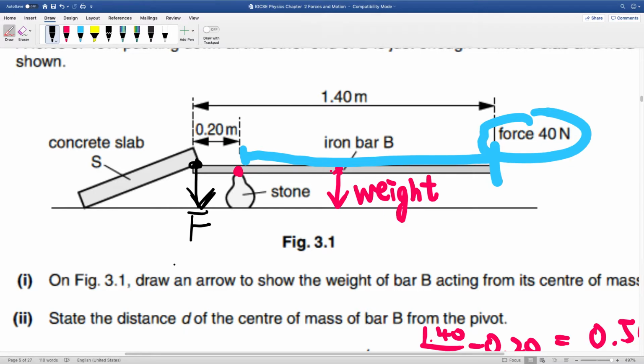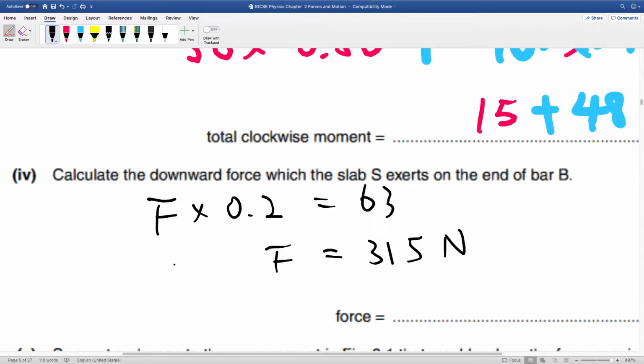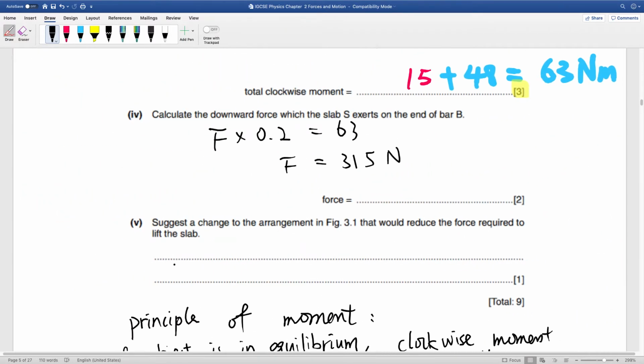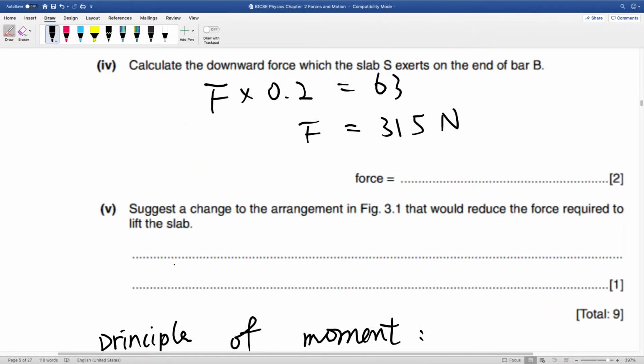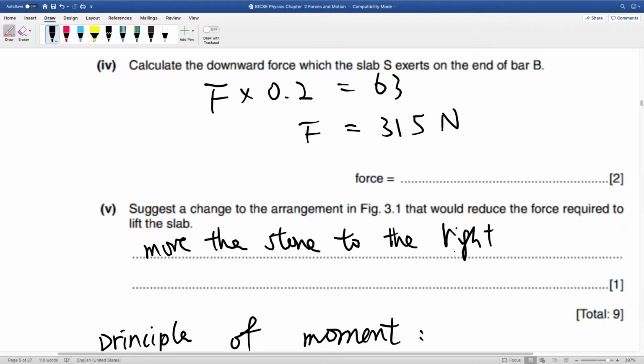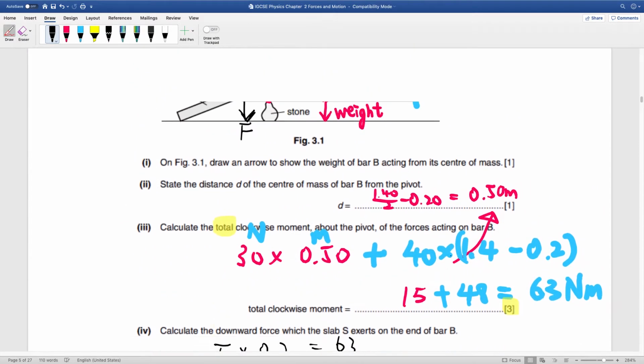It's just one point, so just write down the suggestion. Move the stone to the right. Or what else can you do?